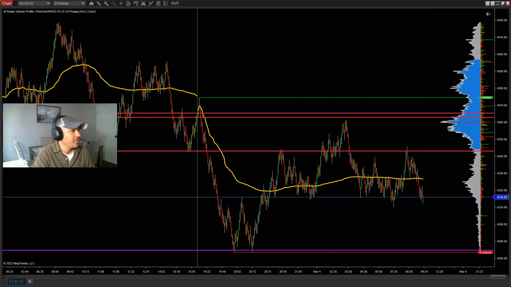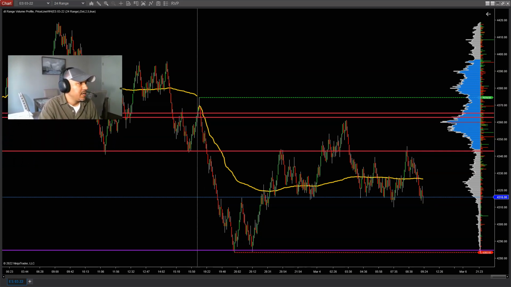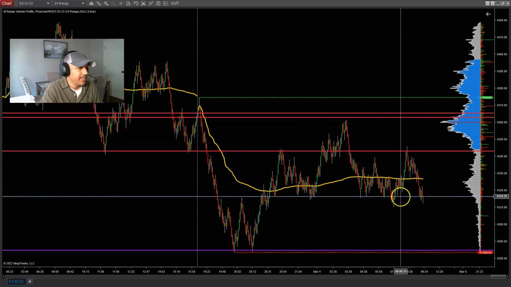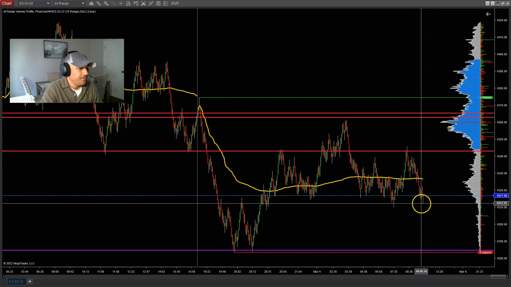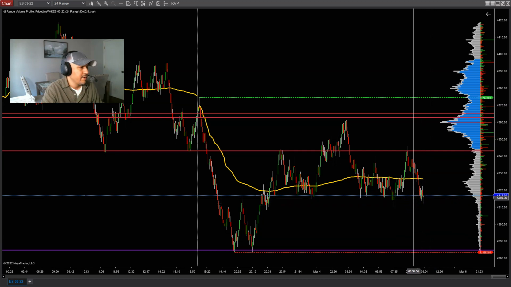That's why it's important for you to use the high time frames, but sometimes if you scale down to a lower time frame, you see smaller areas of support and resistance where price can actually bounce. So that's why it's imperative to use multiple charts.